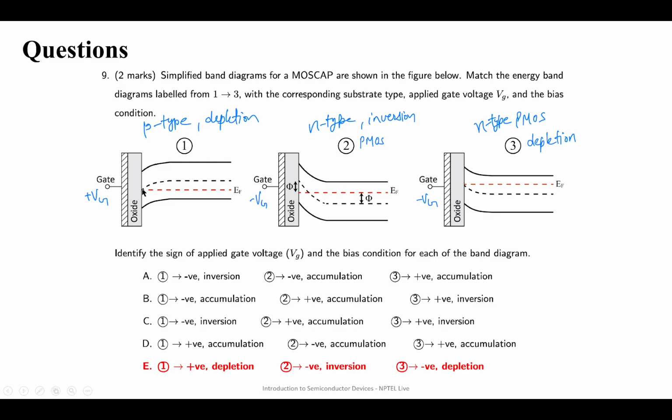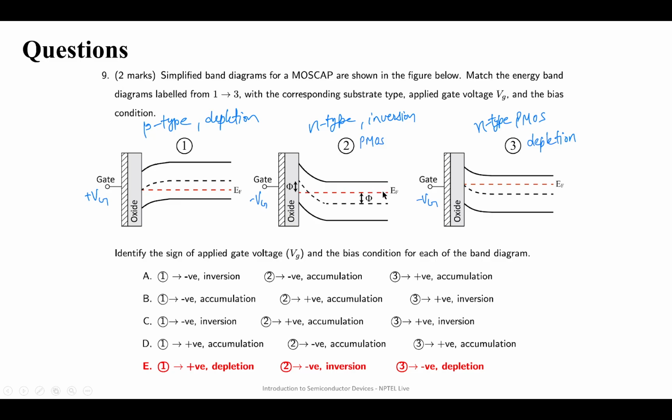So it is called the depletion region. So you have a P-type substrate which is in the depletion region. For a P-type substrate to be in the depletion region, your gate voltage has to be positive. So the first answer would be positive gate voltage and depletion region.